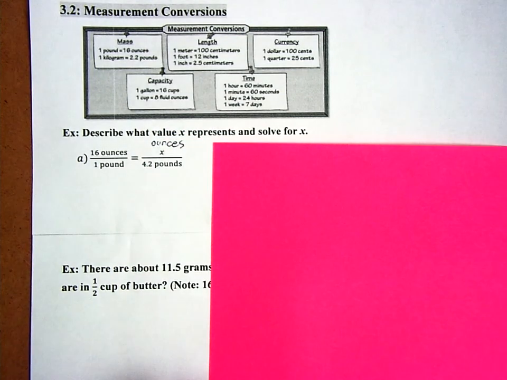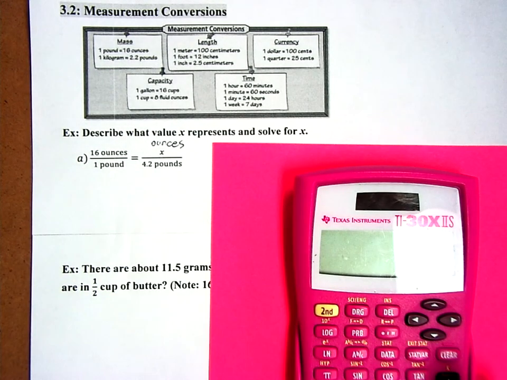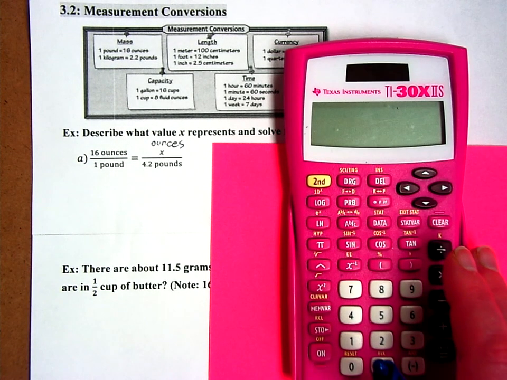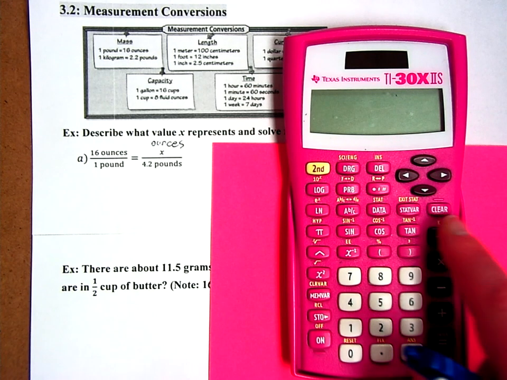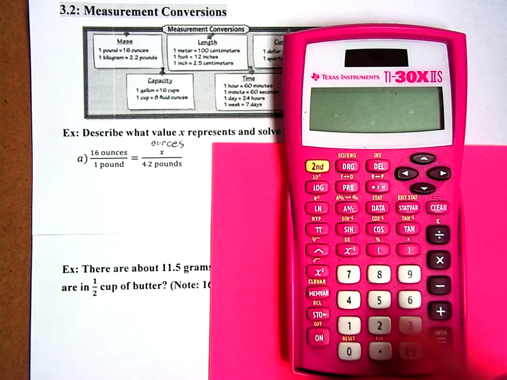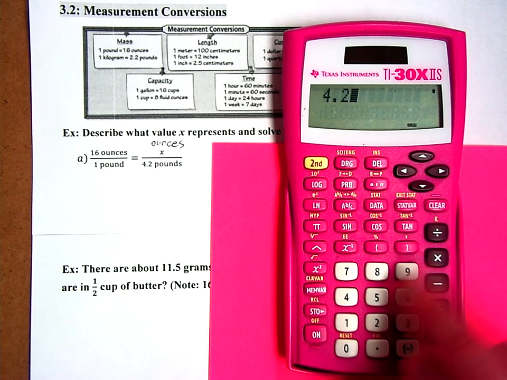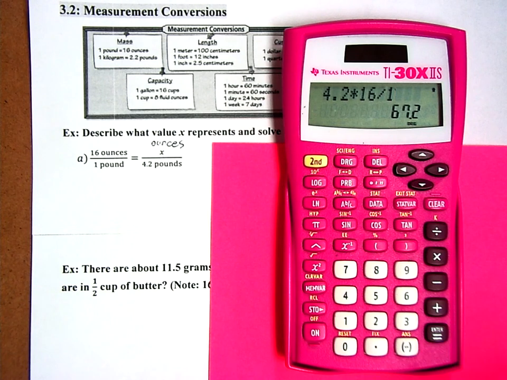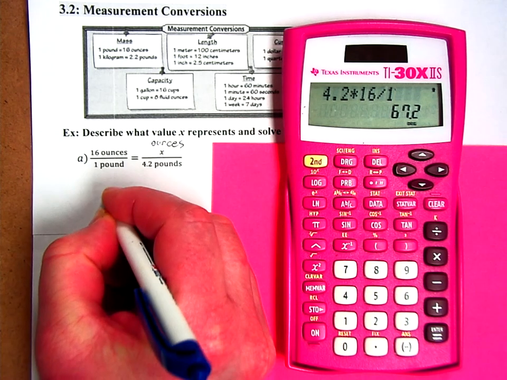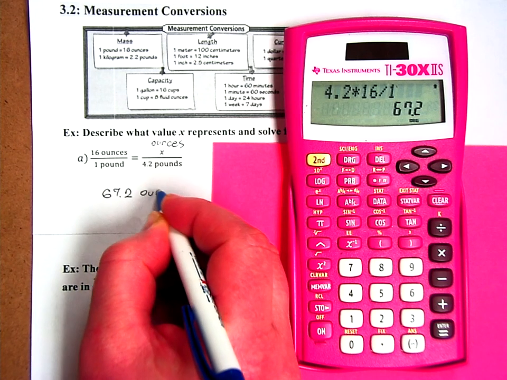To solve it is pretty simple. I simply do the cross product. So I take 4.2 times 16 and then divide by 1, which I don't actually have to do at all. Even if I divide by 1, that will stay the same. So that should be 67.2 ounces.